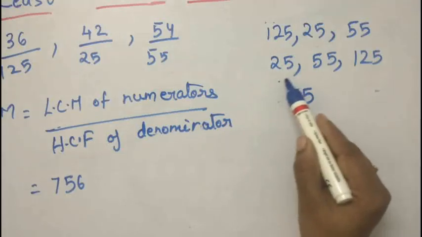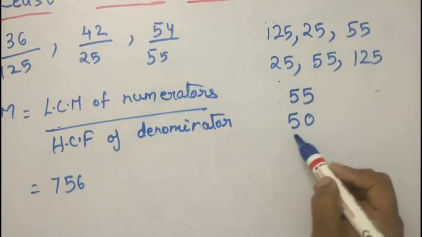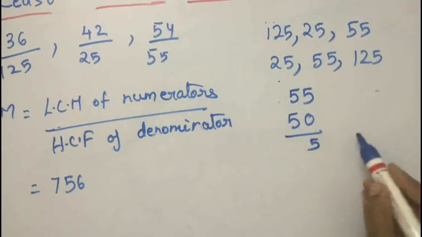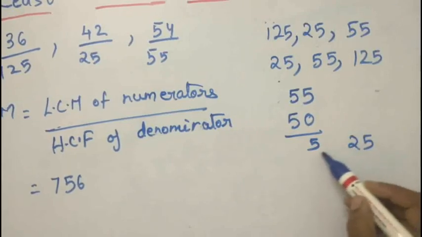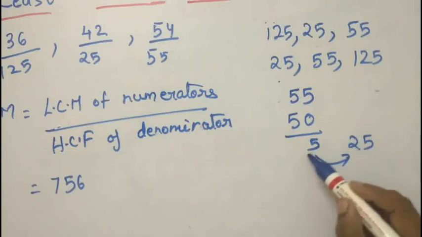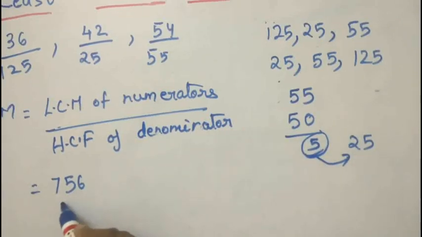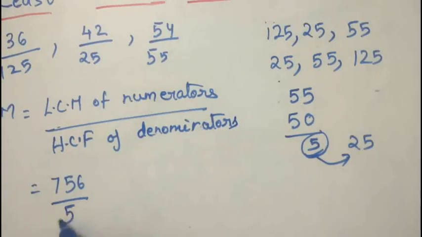So there is a chance for us to get a number less than 55 if you multiply 25 into 2. Now write down here 5. If you observe, 25 is divisible in the 5 table, is it not? So HCF is 5. So HCF of denominators is 5.